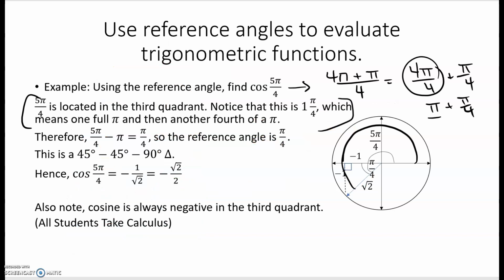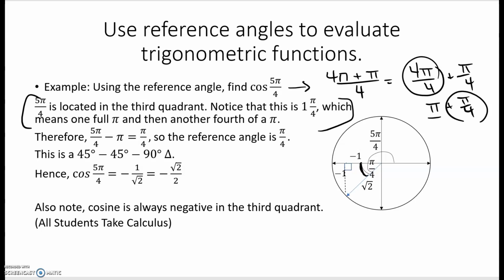Since we're already in radians, we'll just use the angle they give us minus pi. So we take 5 pi over 4 minus pi, which is pi over 4. That's the leftover right here, the angle between the horizontal and the terminal side. That's your reference angle.